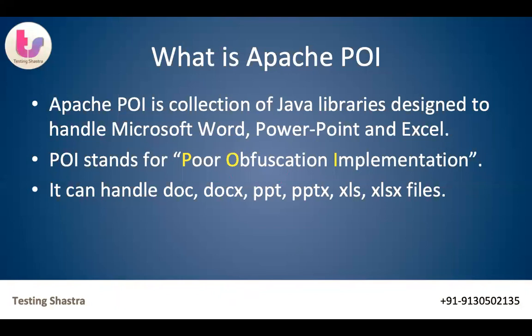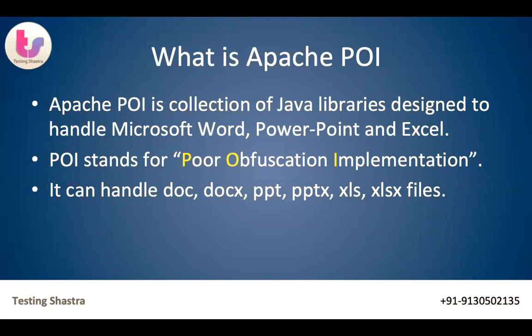This long form came from the previous versions of Apache POI, where POI previously stood for POIFS. That was the abbreviation taken from the previous version, and they designed the new Apache POI system over here.